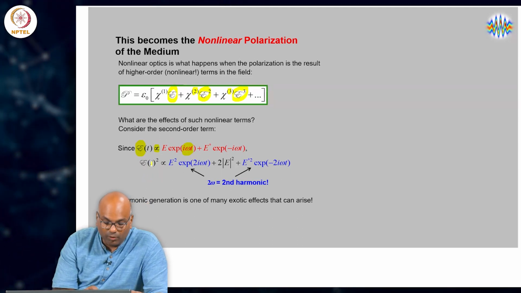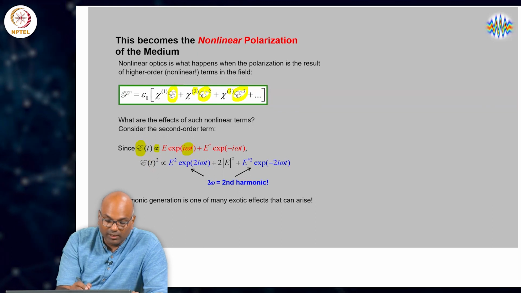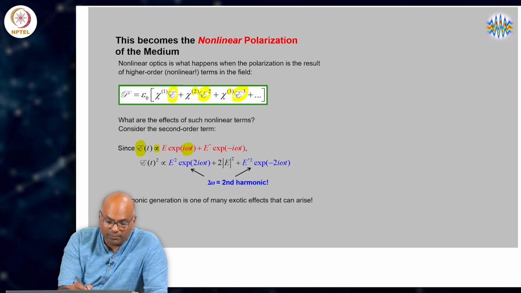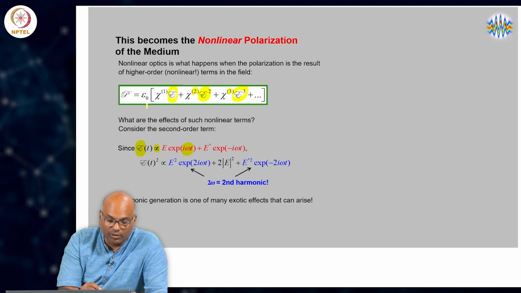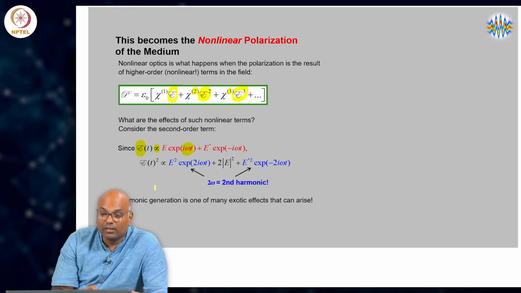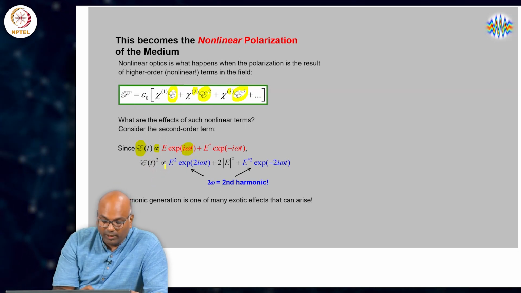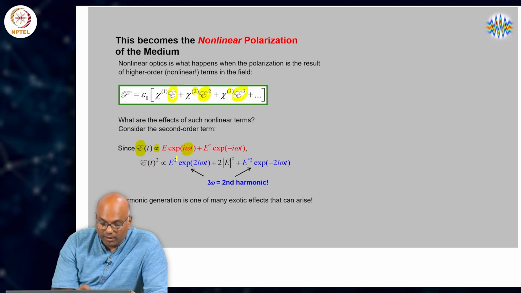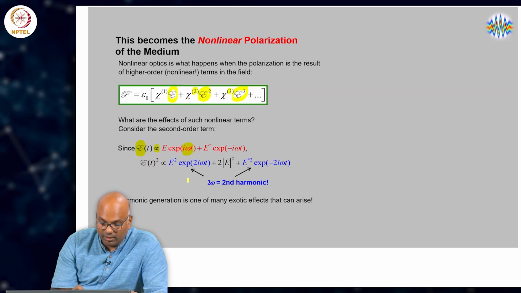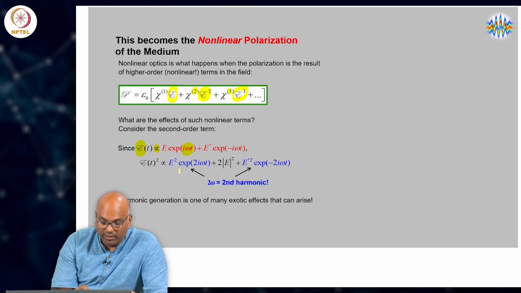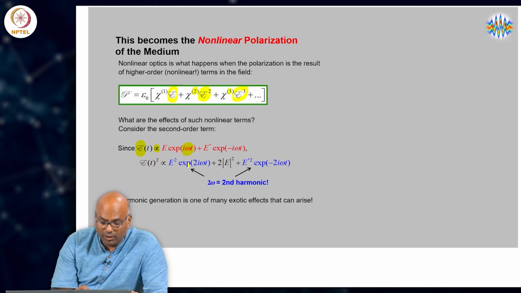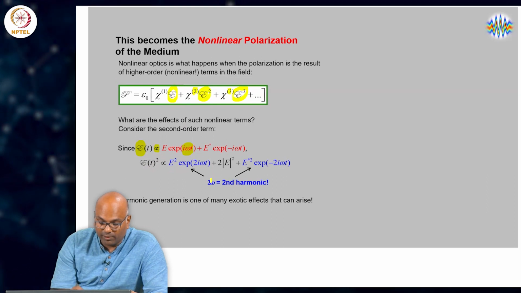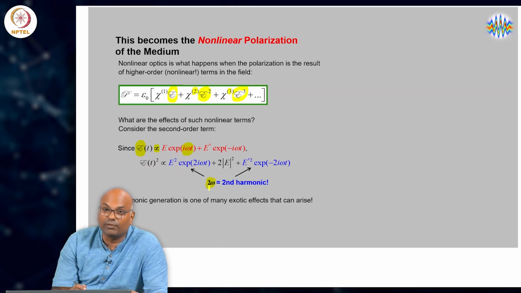Nonetheless, if I now consider the E square dependence of the polarization on the electric field, it is evident that squaring these two terms, this entire expression on the right hand side reveals a term where the oscillation happens at frequencies twice the initial driver frequency.